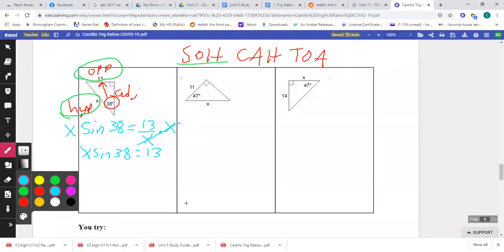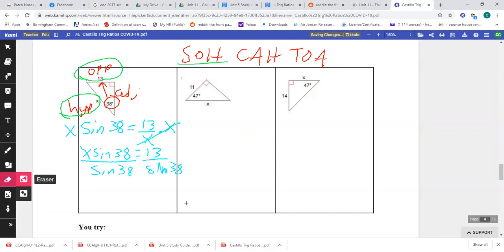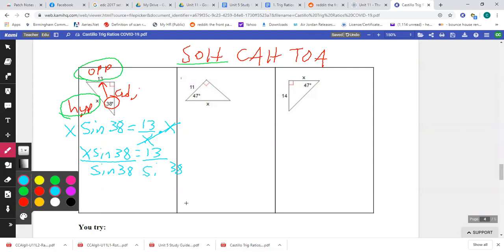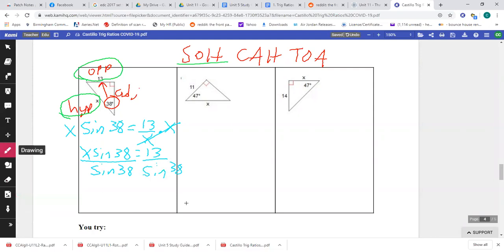It's being multiplied by sine of 38, so I'm just going to divide both sides by sine of 38. It's very similar to the problem we had before, except it's division at the end and not multiplication. So this cancels on the left, and now x is equal to 13 over sine 38.